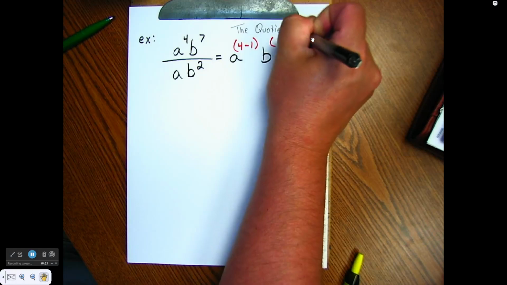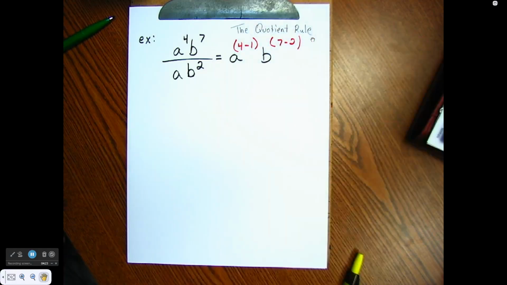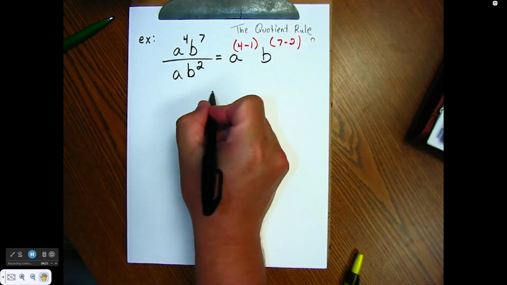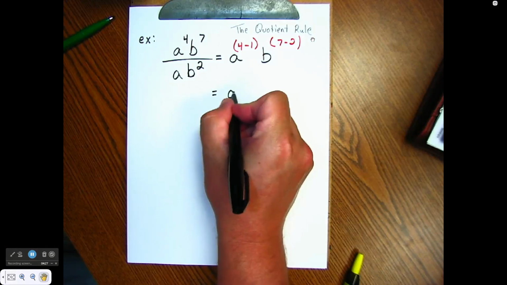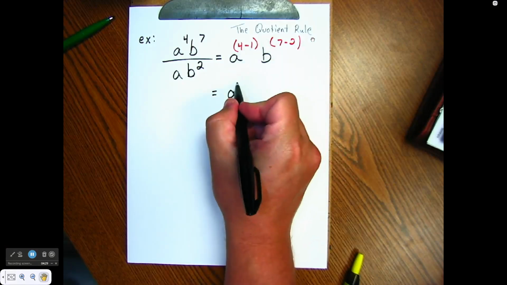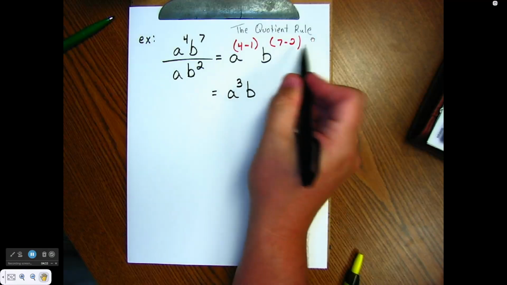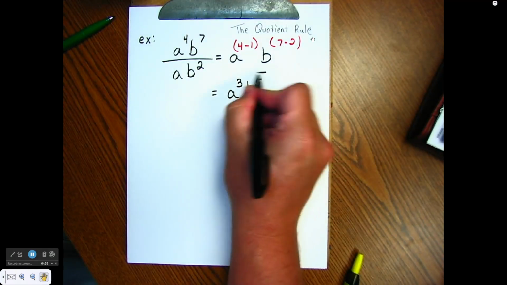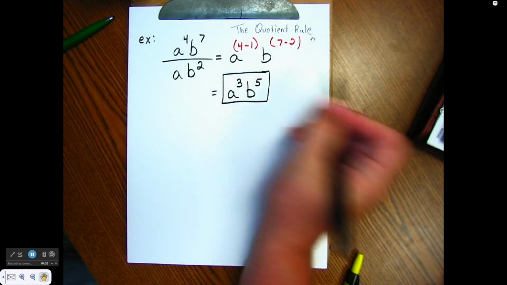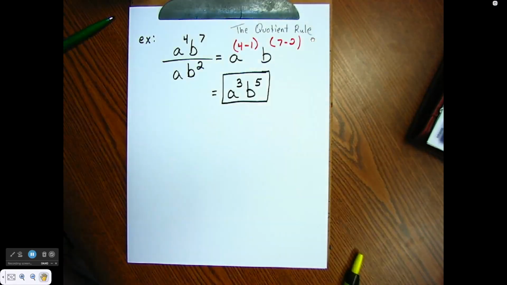The quotient rule allows me to do this. I now have a to the 4 minus 1, which is 3, and b to the 7 minus 2, which is 5. A to the third, b to the fifth is my final simplified result there, my final expression.